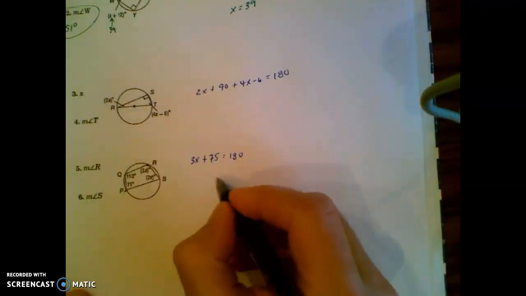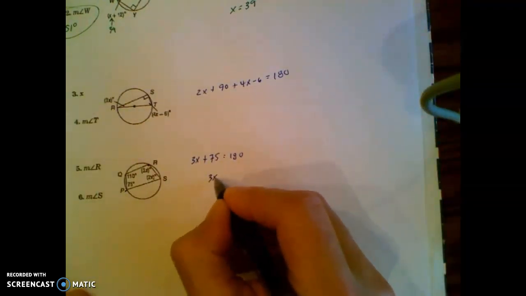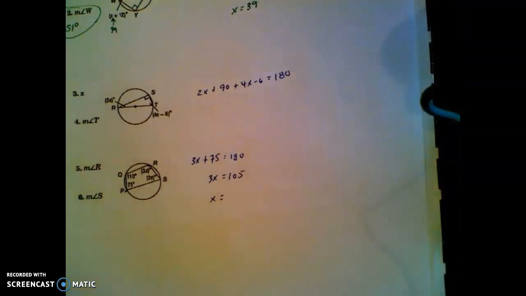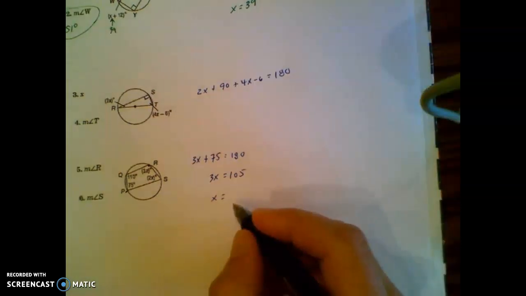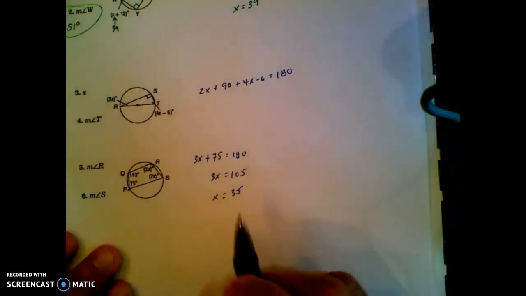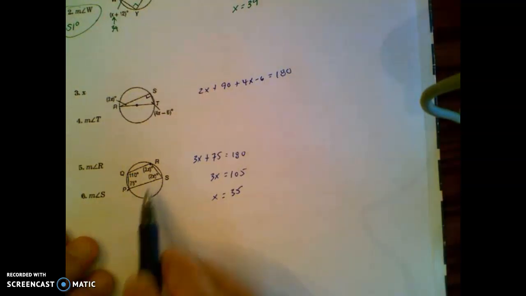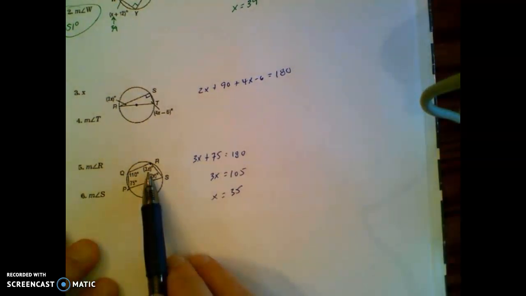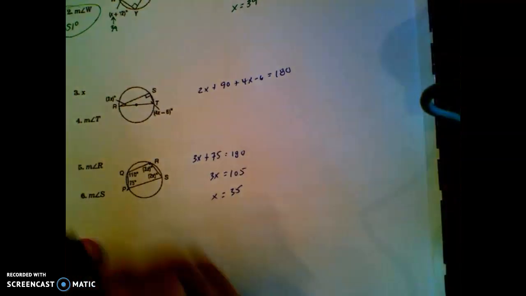So then I'd have 3x is equal to 105. And then I'd divide 105 by 3. And I get 35. So x is equal to 35. And I plug it in to figure out what the angles are. So basically 3 times x, or 3 times 35, is 105 degrees.